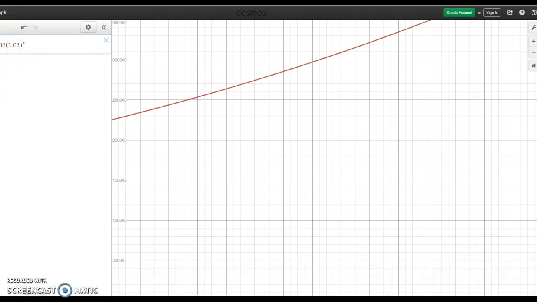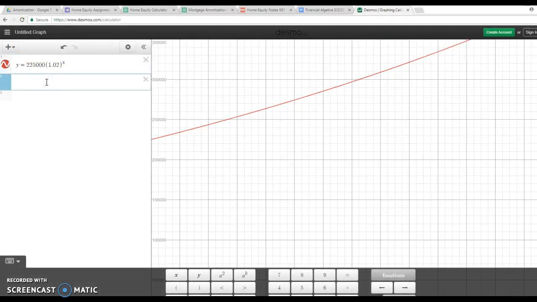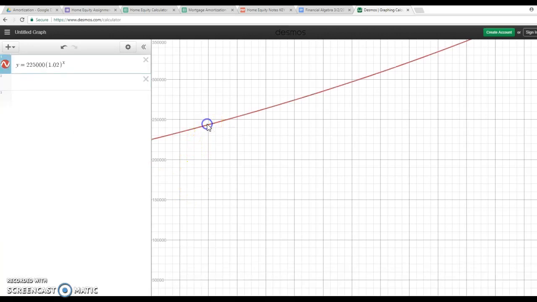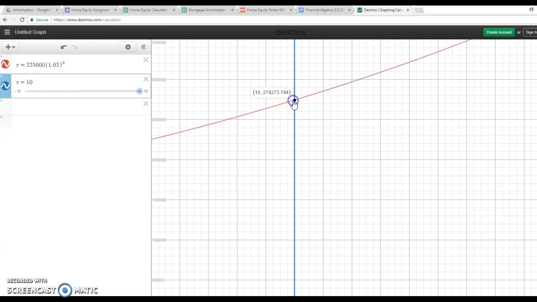Okay. So now we can see our function, and you can find the value of the home at any given point in time. You can just take your mouse and scroll over points and click on them. But if you want a point to stick around, let's say you want to know the value of the home in 10 years, you can just type x equals 10. And then if you click on that point, it'll stay.